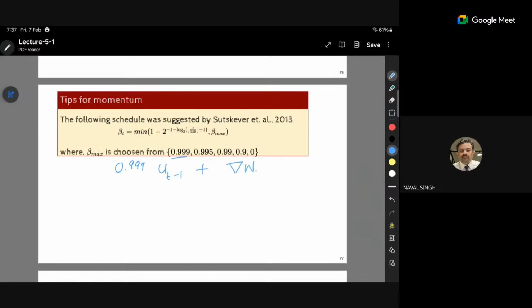Whatever this beta is, it is going to get multiplied with my previous gradients. Now, do you want to take consideration of previous gradients low or high? That is being decided by this beta parameter.